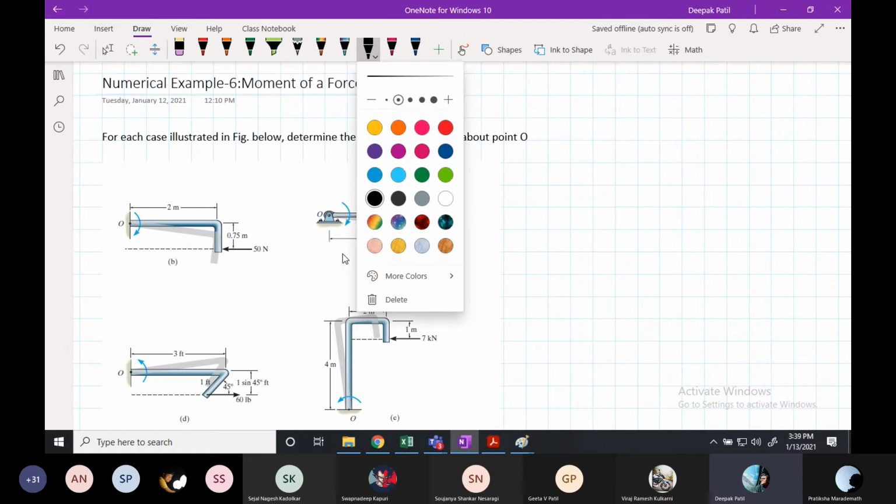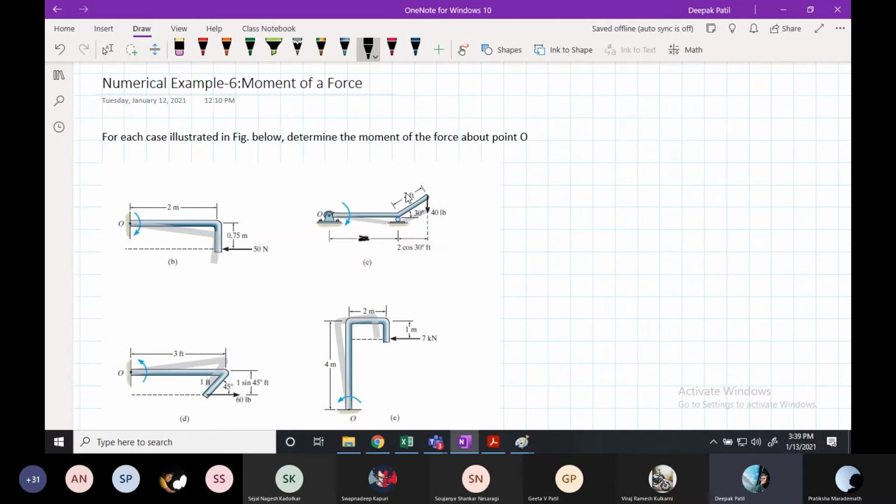Here actually they have given in feet. See, actually I have taken all these problems from R.C. Hibbeler. So he has combined numerical examples for both FPS unit and the SI unit. So that's why this happens. So what I will do, let me take this as say 4 meters and let me take this as say 1 meter. And here also, let me take this as say 4 meters.